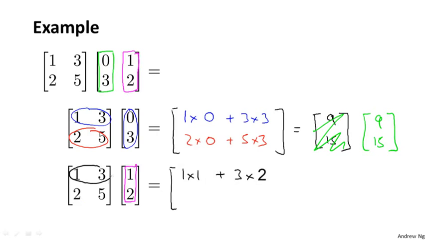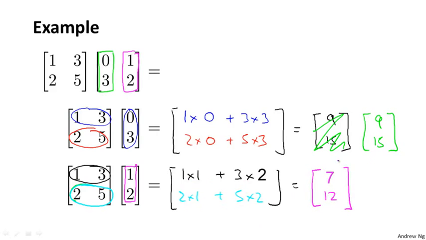And let's do the other one: 2 times 1 plus 5 times 2. And so that is going to be equal to, let's see, 1 times 1 plus 3 times 1 is 4. And 2 times 1 plus 5 times 2 is 12.